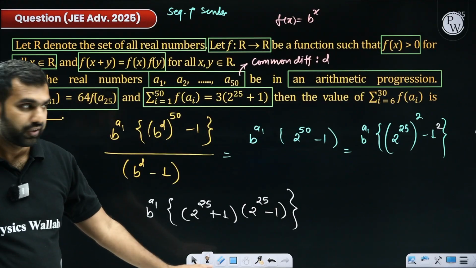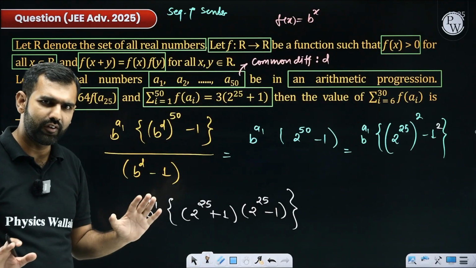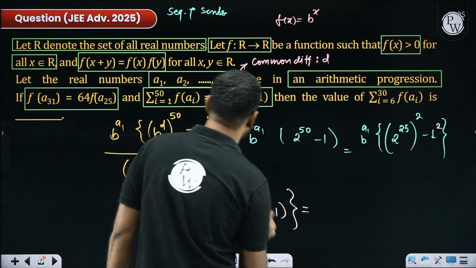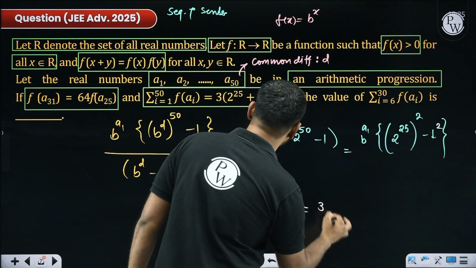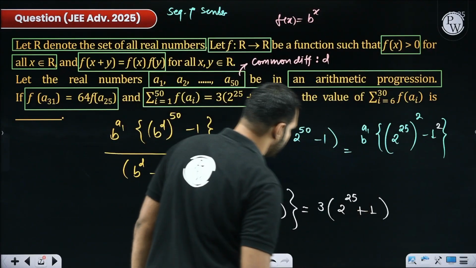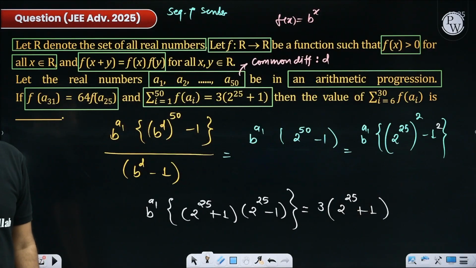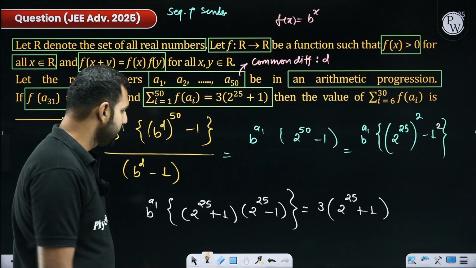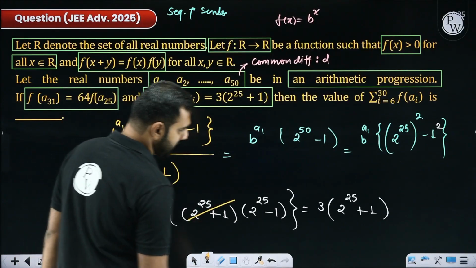This is your expression, the simplified version of this. Everyone comfortably understanding all that is said so far? It is equal to this. What is it? It is 3 times 2 to the power 25 plus 1. Sir, what have you attained by doing so? Trust me, I have gotten a very insightful and very beautiful result, which says that this 2 to the power 25 plus 1 gets cancelled by this.